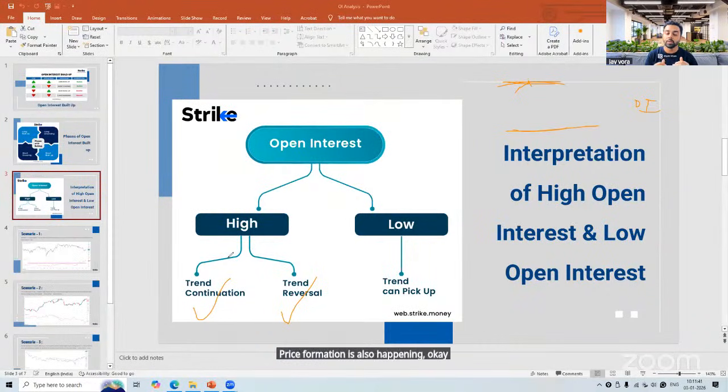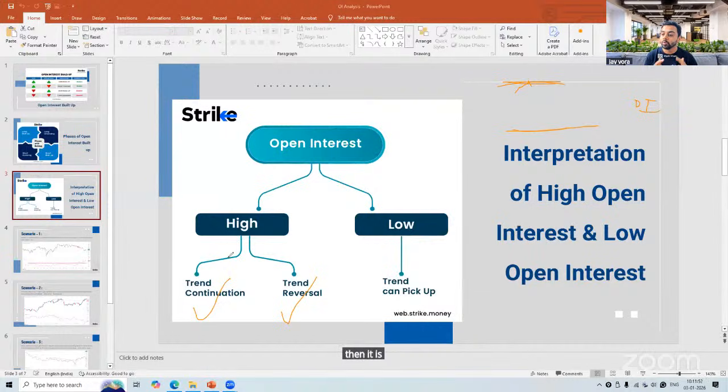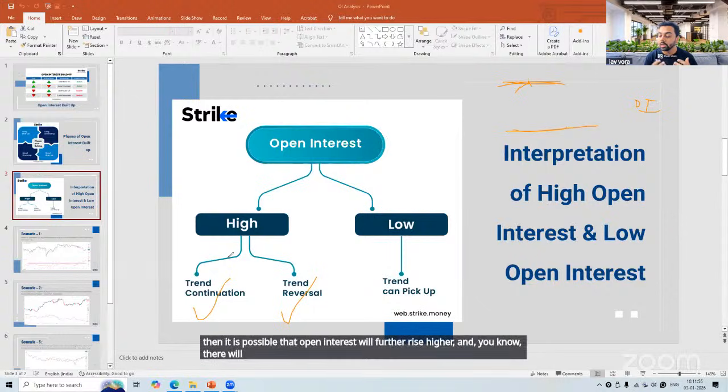If there is a big multi-year breakout that is going to occur and the open interest is very high, then it is possible that open interest will rise even higher, and there will be renewed interest in the stock, in which case you need to be with the trend.